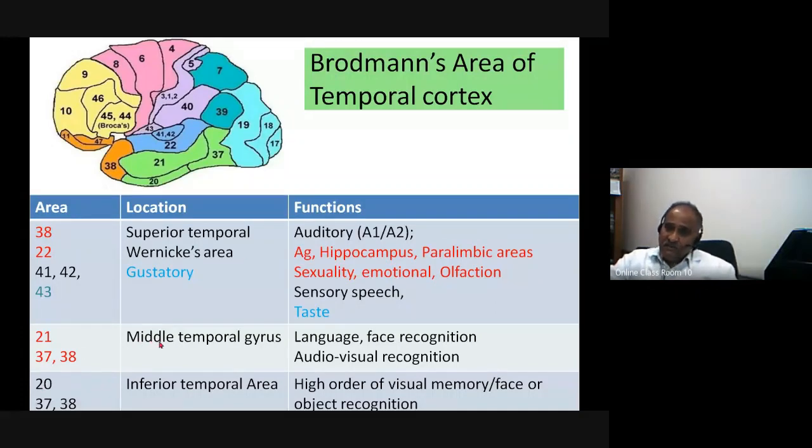So then the middle temporal, this is 21. 21 is the middle temporal, but it has a commonality with 38 and with 37. You can just see that 21, 37, 38.